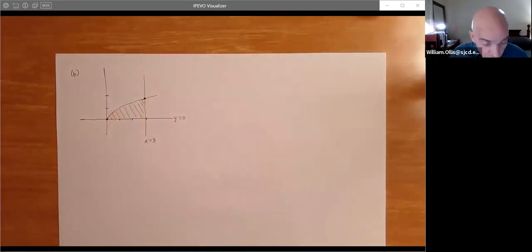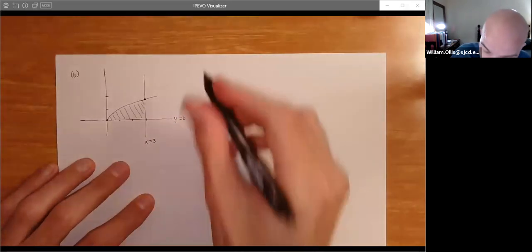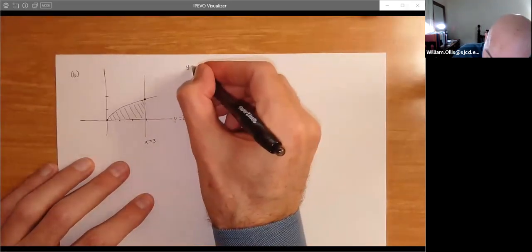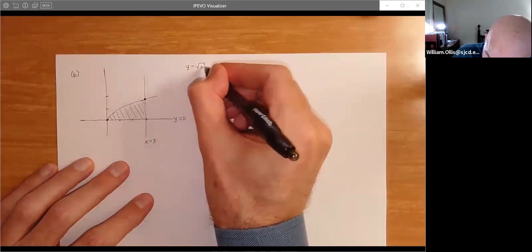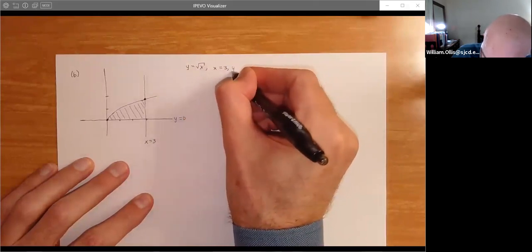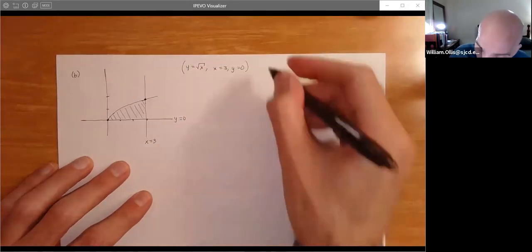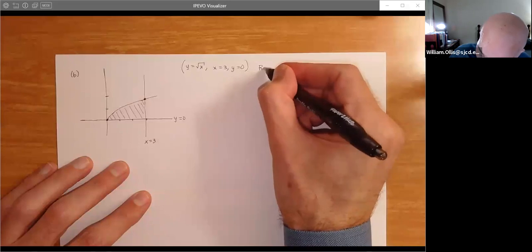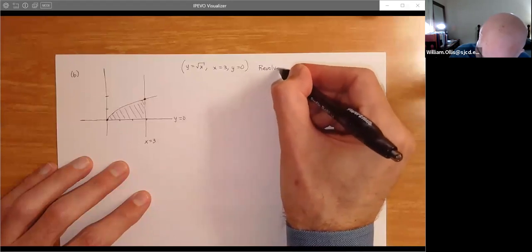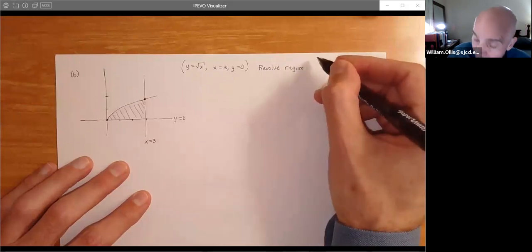Now, in this particular problem, we want to revolve this region. So same region as before. I'll just say y equals square root x, x equals 3, and y equals 0. That defines the region just like we had before. And what we want to do is revolve the region about the y-axis.